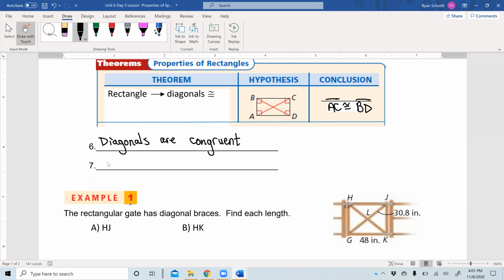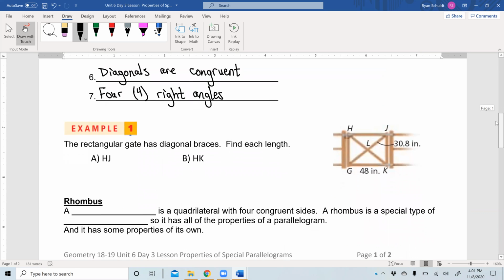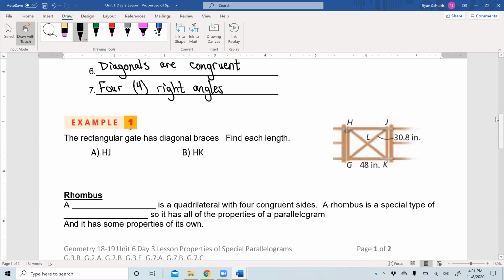Yeah, it's got 4 right angles. In case you didn't know that, that's that many. 4 right angles. So 4 90-degree angles. Those are the 2 properties that it has on its own, in addition to the 5 from the parallelogram.